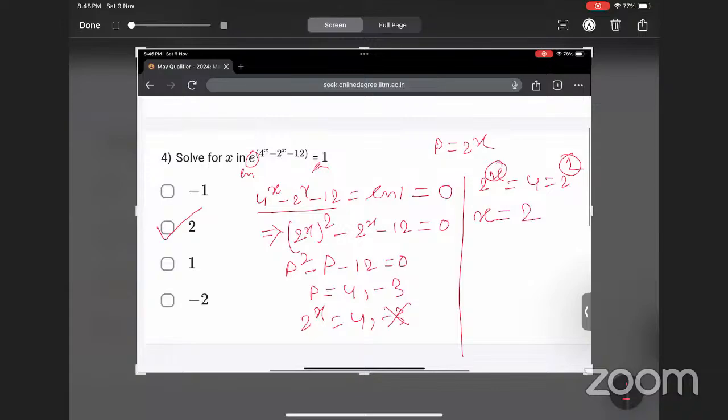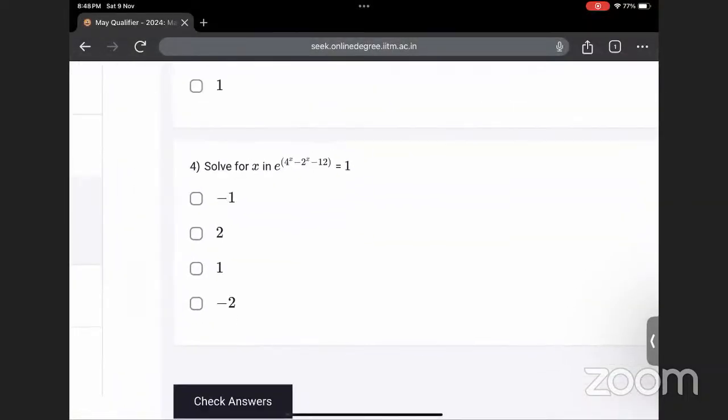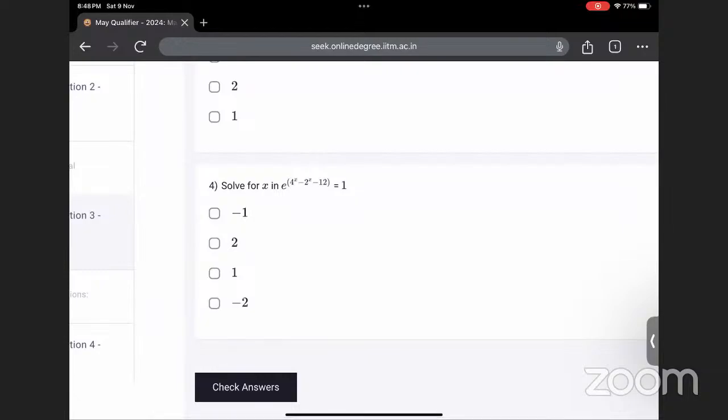Yes, ma'am. Understood, ma'am. So if you have this type of question, just solve it step by step, okay? And if you have this type of equation, just try to form something. Most of the time, you may form a quadratic equation with the help of this type of thing. Just take p equals the exponential function or the logarithmic function, then you will get a quadratic equation or maybe some cubic equation.